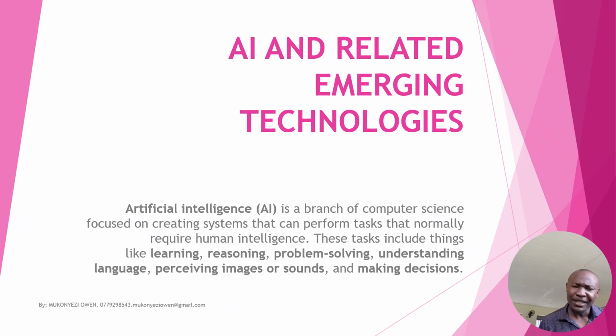Artificial intelligence is a branch of computer science that focuses on creating systems that can perform tasks that normally require human intelligence. Okay? The tasks that are performed by AI require human intelligence.